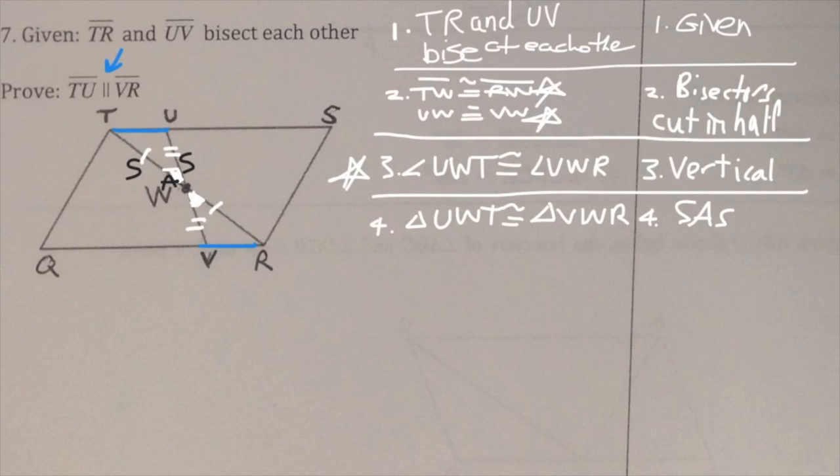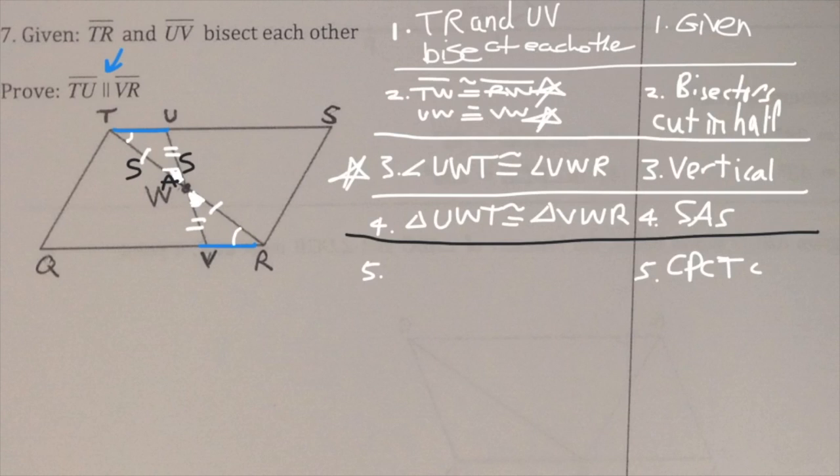And then we're just two small steps away from finishing the proof. That's the hard part, getting the triangles congruent. Now the rest is smooth sailing, because we can use CPCTC to declare that any parts in one triangle are exactly the same as parts in another.